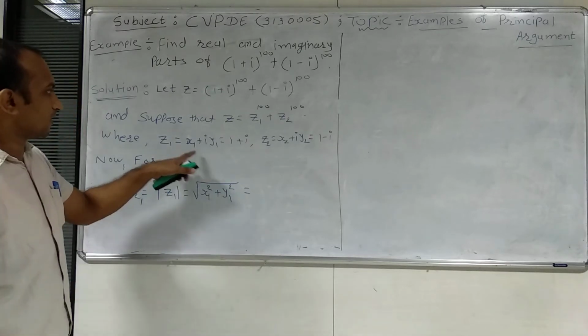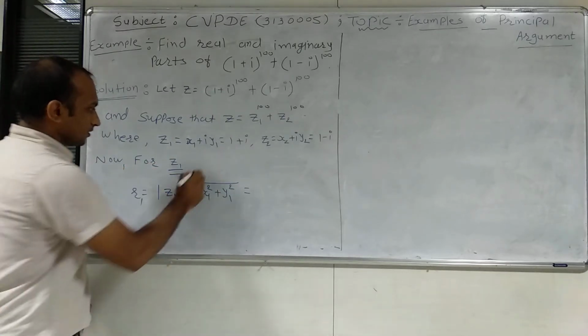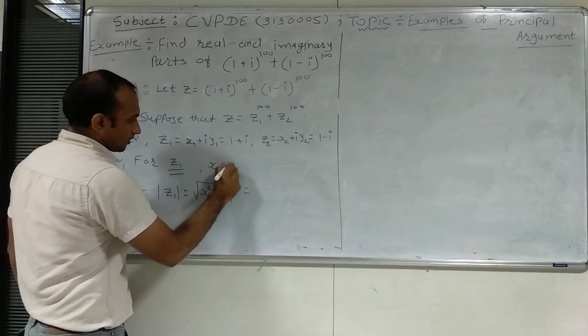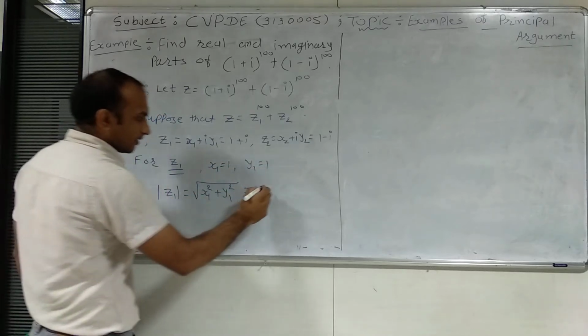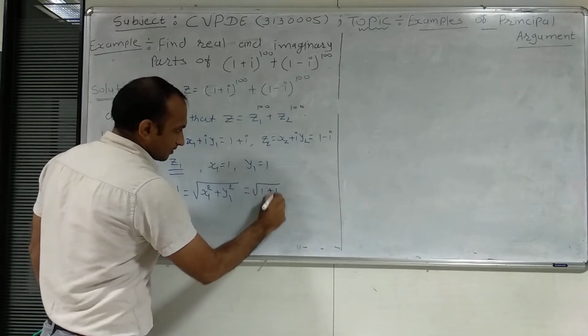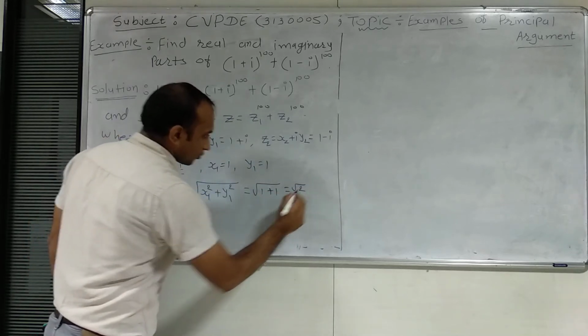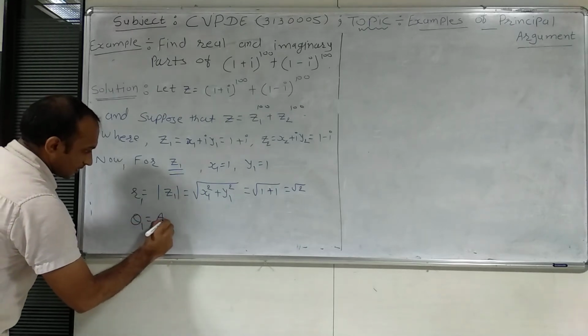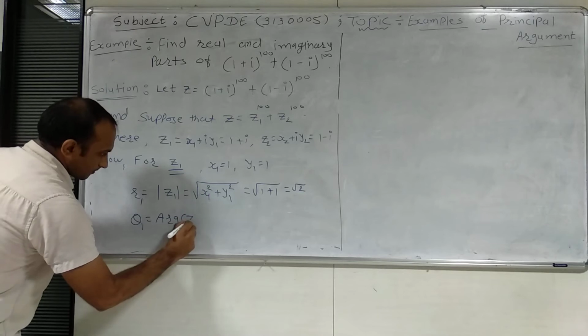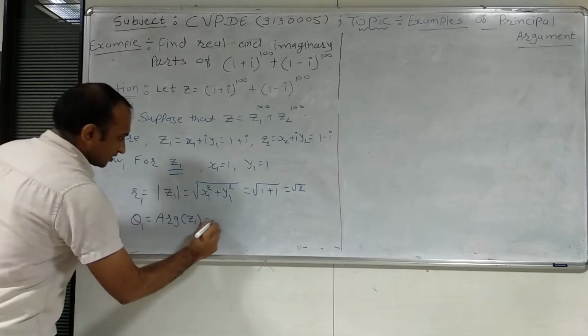Now x1 is 1, and y1 equal to 1. So 1 square plus 1 square, so it's 1 plus 1, and this is root 2. And theta 1, which is nothing but principal argument of z1, this equal to.